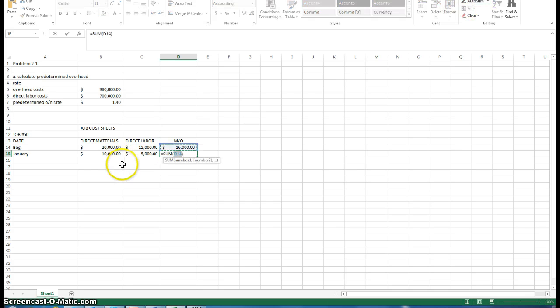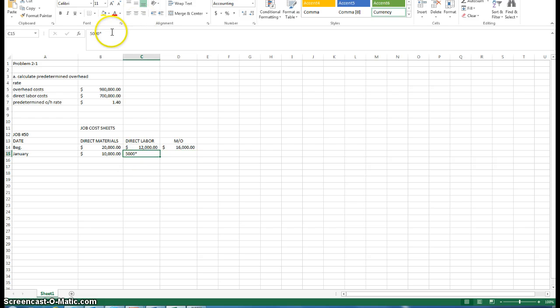So we take our direct labor and multiply it times our predetermined overhead rate.